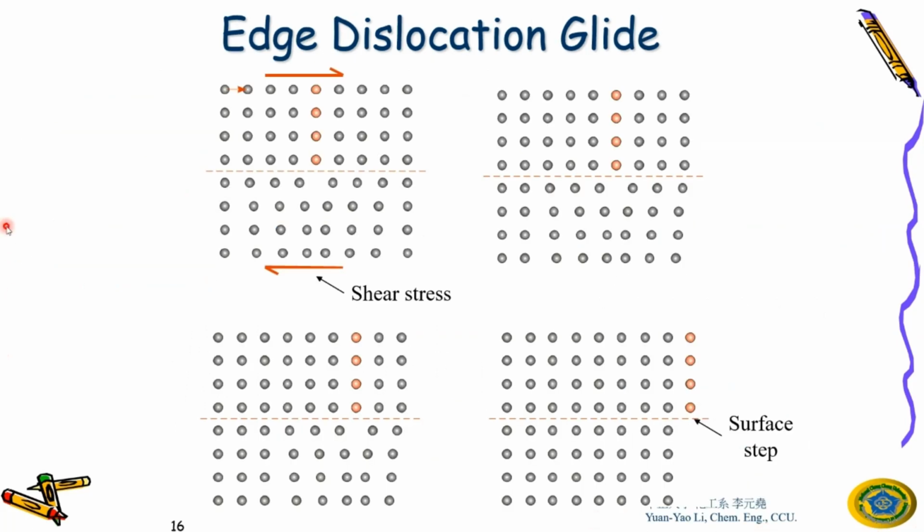Right, so this cartoon shows you that the dislocation glides from left to right. From here, I move one step, one step, until you move to the end. And this is plastic deformation.